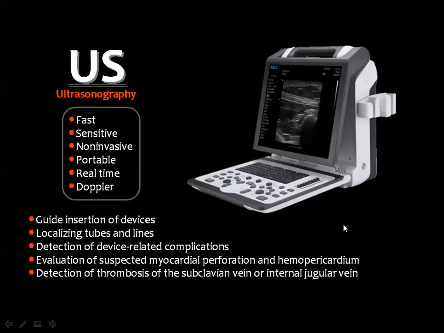Also, ultrasound can be very valuable in guidance of the insertion of devices, especially the central venous line and the pulmonary artery catheter and so on. Also, ultrasound is very helpful in localizing the tubes and lines inserted through the patient's chest, and in detection of device related complications.